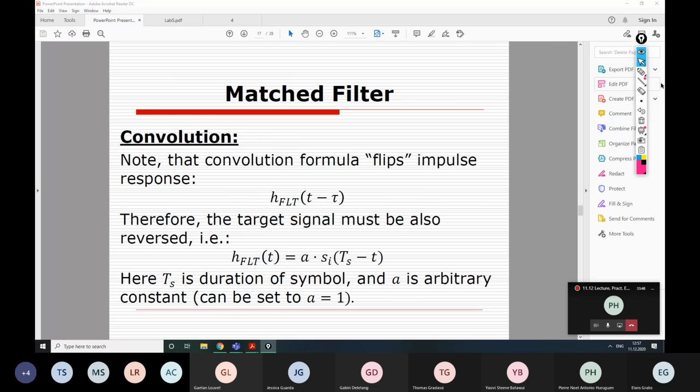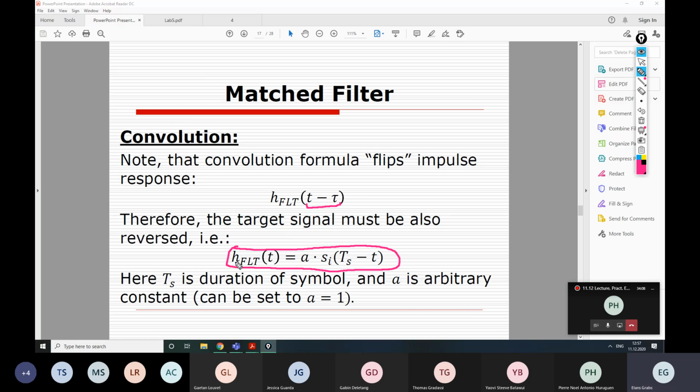So we need to flip time for our impulse response, and therefore the signal which we are going to search for in our received signal needs to define this impulse response.